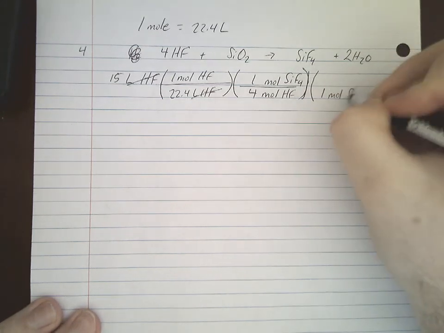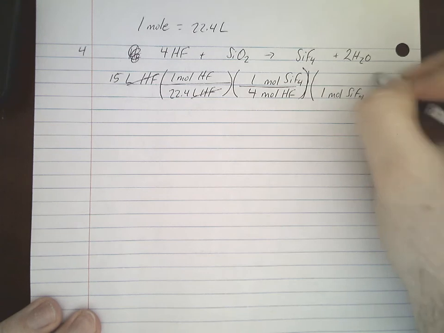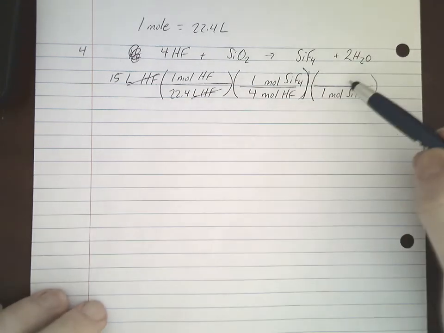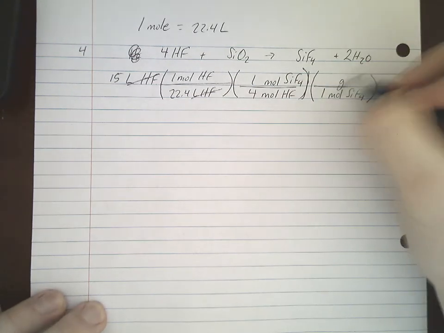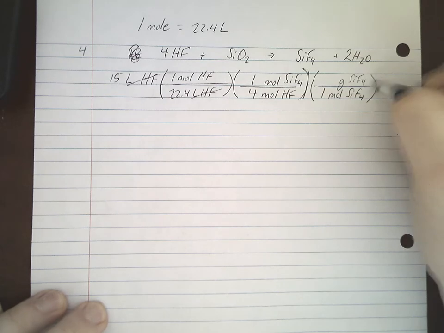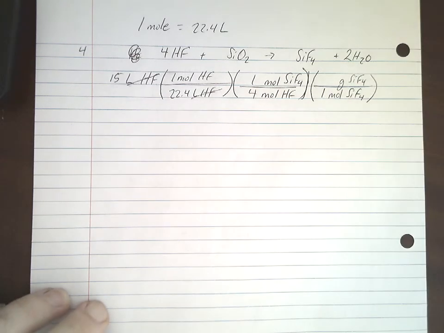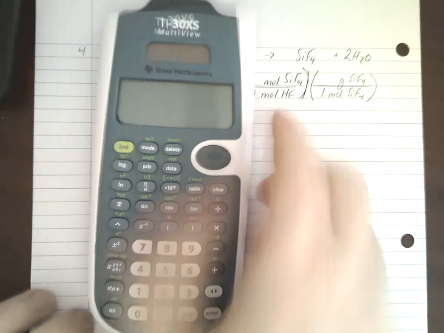The molar mass, remember, is how many grams would be in 1 mole of the substance. So we need to figure out how many grams of SiF4 make up 1 mole of SiF4. And then in order to do that, we use the periodic table. All right.